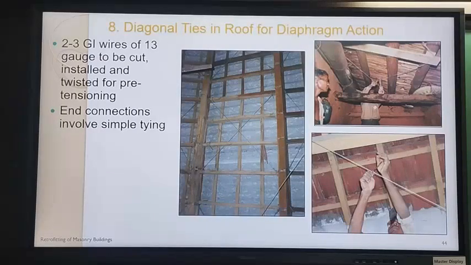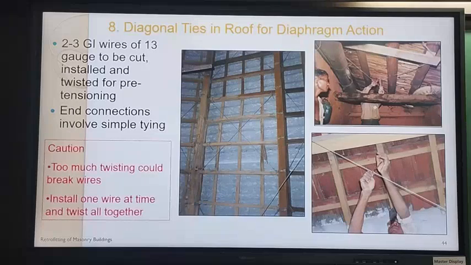A variety of ways it can be done, but you have to make the proper configuration of where they will go from and to. You have to see the stress path, how the forces will go. Also, too much twisting can break the wires, so one has to be careful not to go over.